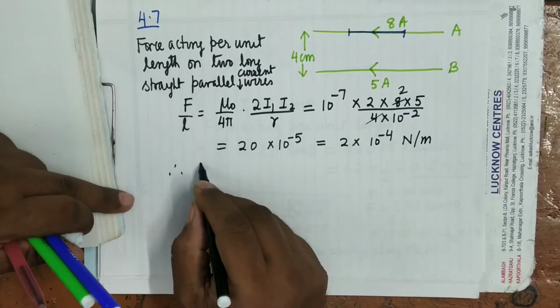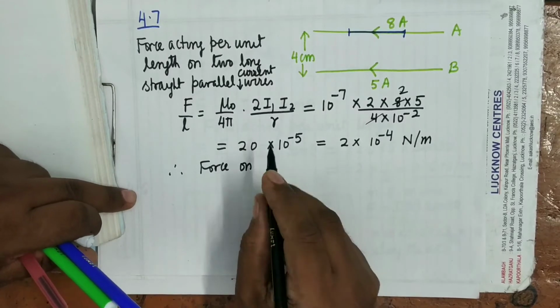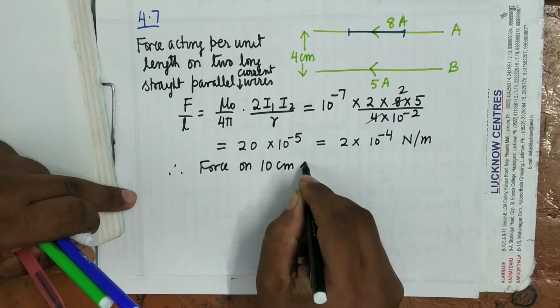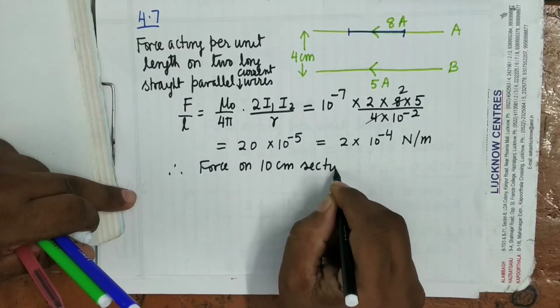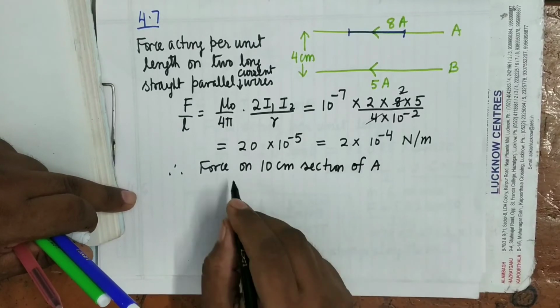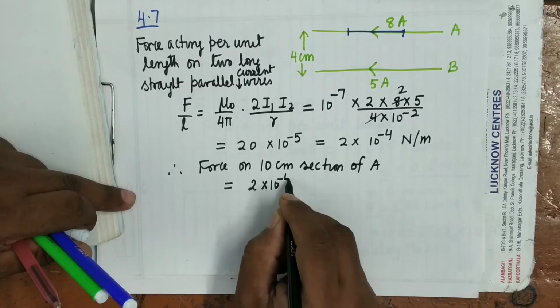Therefore, force on the 10 centimeter section of wire A will be equal to 2 into 10 to the power minus 4.